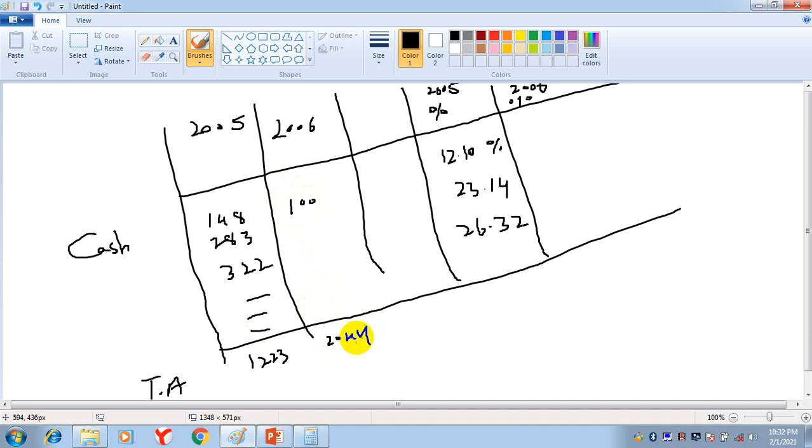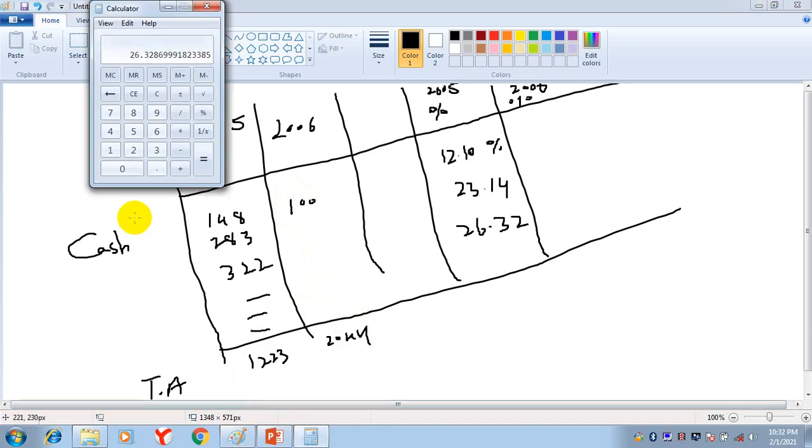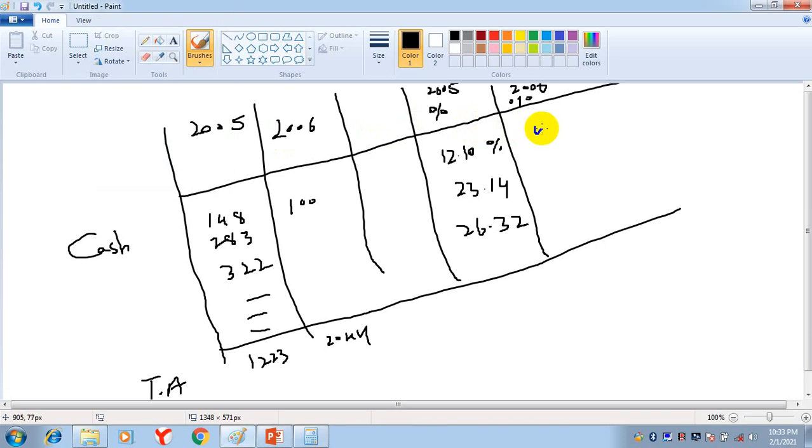So 100 divided by 2044 multiplied by 100, we got 4.89. See, in 2006, 4.89%.